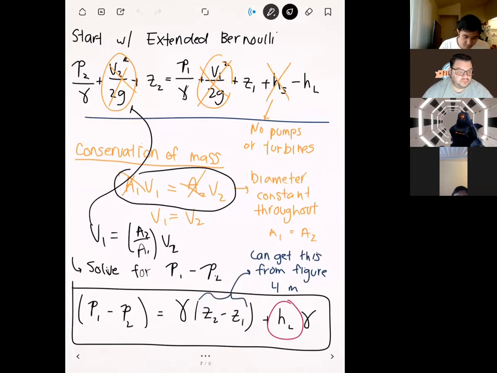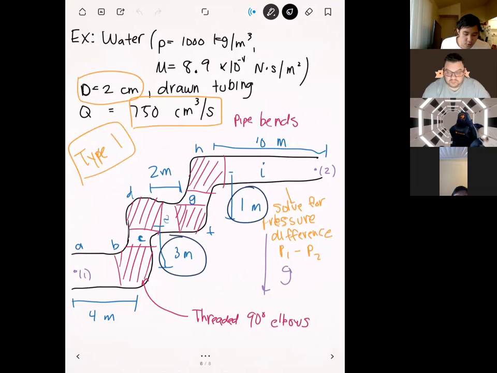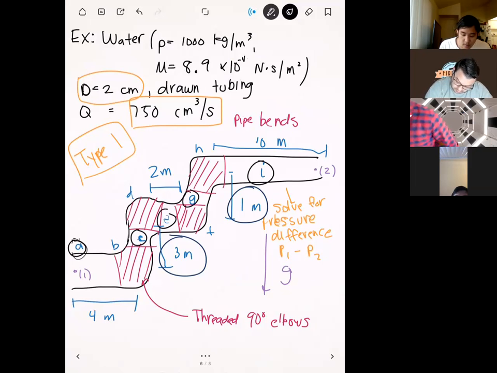Our straight segments of pipe are basically everything that's not a threaded elbow. So we have segment A, segment C, segment E, segment G, and segment I. All the ones that I've circled here are going to incur major losses.